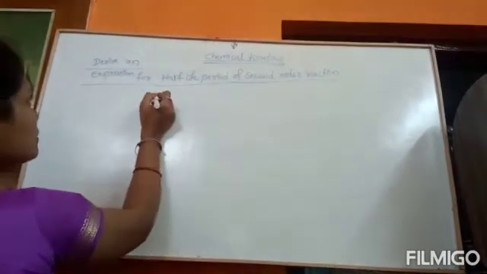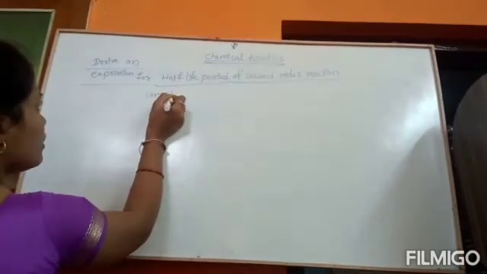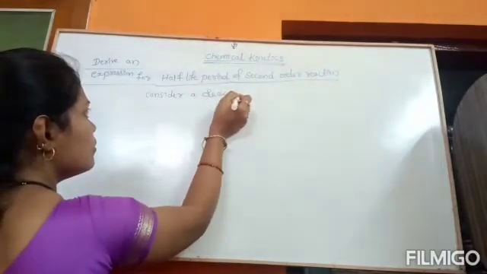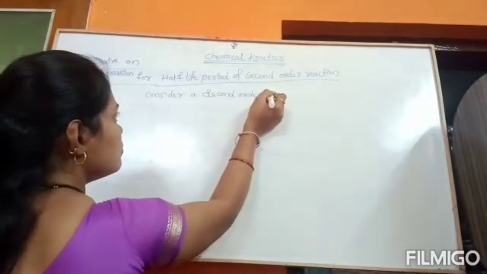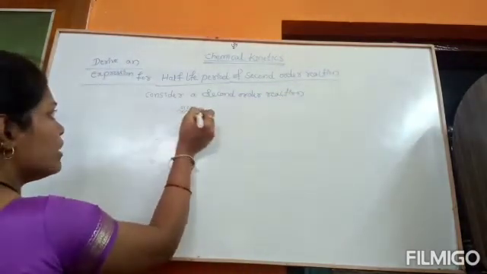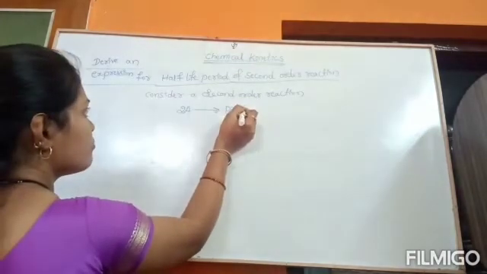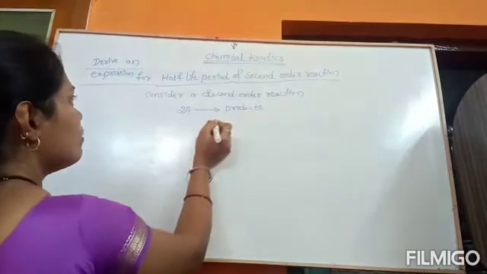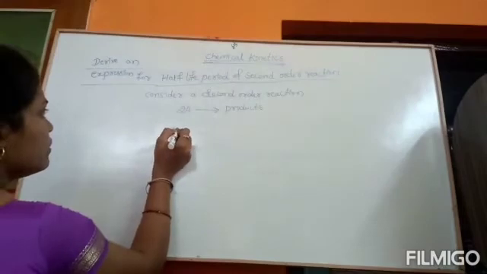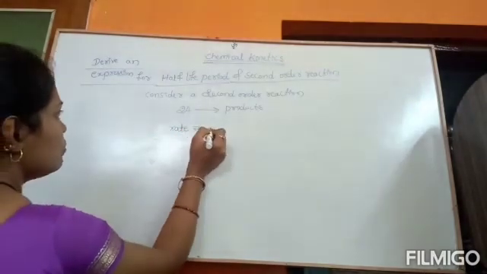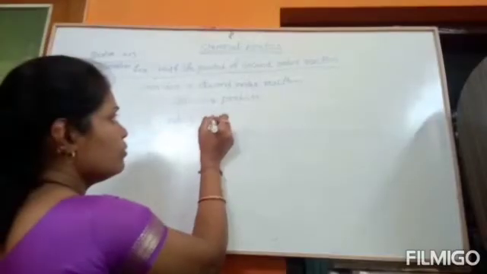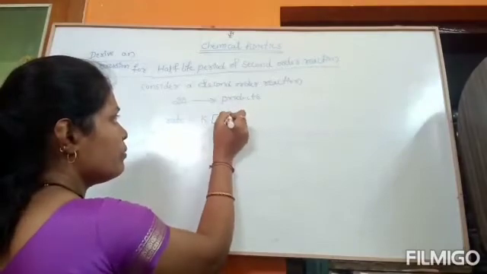Consider a general second order reaction, that is 2A is converted to products. The rate expression or rate law can be written as rate is equal to K into concentration of A to the power 2.